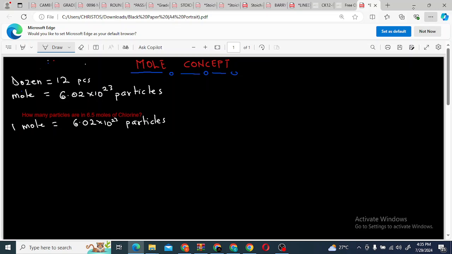So how many particles will be in 6.5 moles? You are right. So to find out, it will be 6.5 times 6.02 times 10 to the power 23.